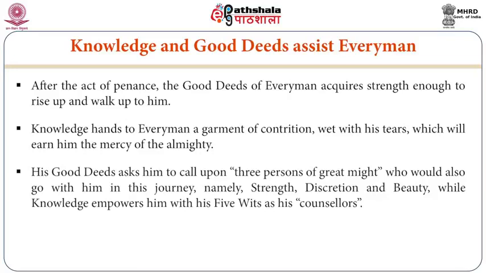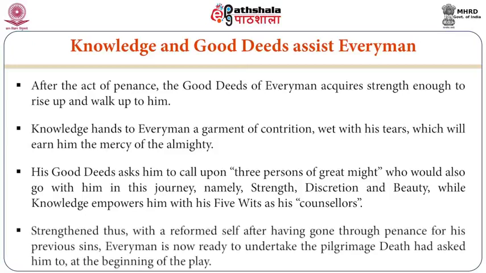His Good Deeds asks him to call upon three persons of great might, who would also go with him on this journey, namely Strength, Discretion, and Beauty, while Knowledge empowers him with Five Wits as his counselors. Strengthened thus with a reformed self, after having gone through penance of his previous sins, Everyman is now ready to undertake the pilgrimage Death had asked him to at the beginning of the play.